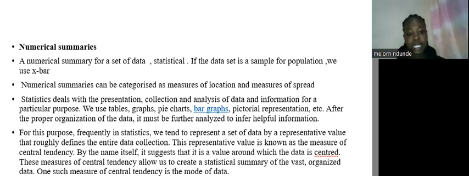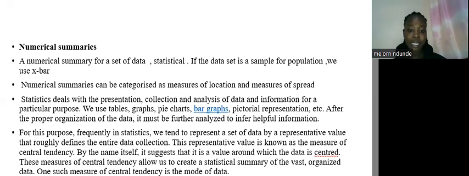So statistics deals with the presentation, collection, and analysis of data and information for a particular purpose. We use tables, graphs, pie charts, bar graphs, pictorial representation, etc. After the proper organization of the data, it must be further analyzed to help infer helpful information.